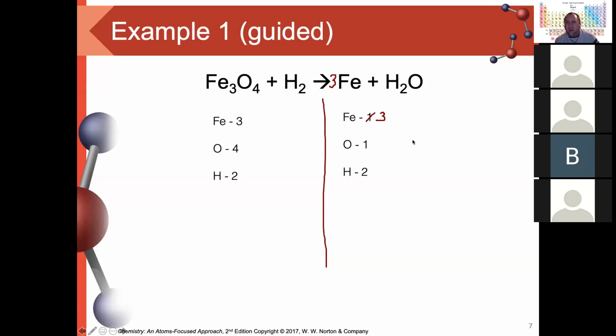Now, the other thing that I can look at, this is an unpublished tip, but it's a good one nonetheless. If I see that I have a compound that has multiple subscripts in it, those subscripts are usually going to end up as coefficients on the other side of the equation.